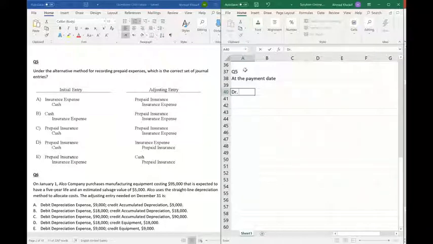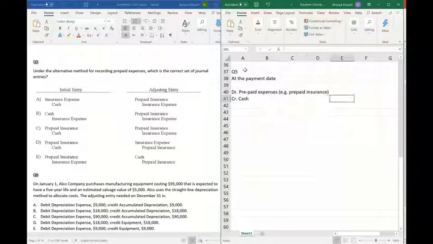So the debit side is prepaid expenses, like insurance for example, and the credit side is cash. So this is at the date of payment.